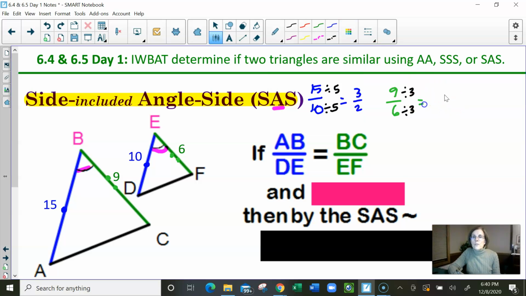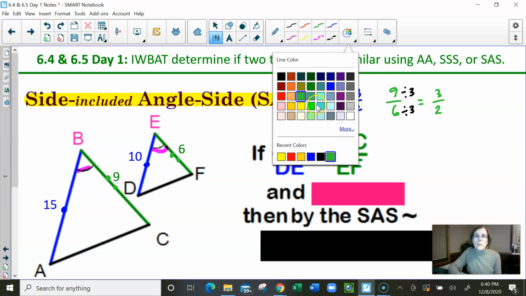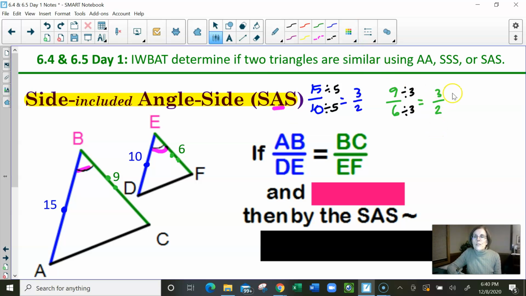And so this reduces also to 3 halves. So here we have both pairs of corresponding sides proportional, meaning that those 2 ratios are equal to each other. The ratio of AB to DE, which is 3 halves in this problem, and the ratio of BC to EF, which is 3 halves in this problem, are equal to each other.